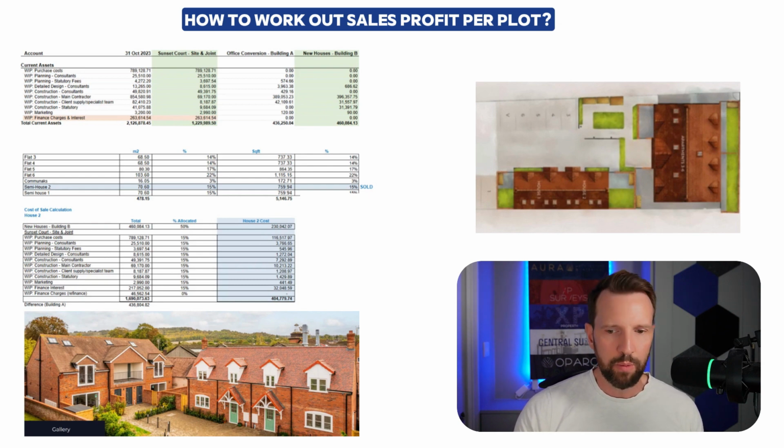And then at the moment, we're working out the costs of building one of these new houses. As you can see, we've taken the individual construction costs associated with the houses, which was 460 grand. So £230,000 of that 460 is apportioned to one of the houses. And then as part of the site and joint costs, there's a total joint cost of £1.229 million.